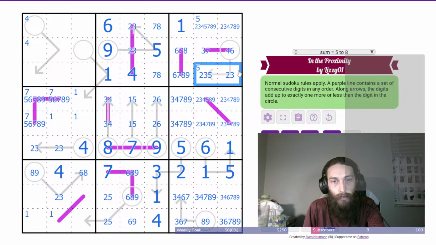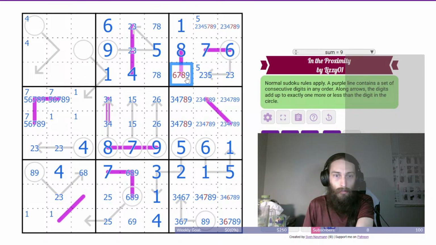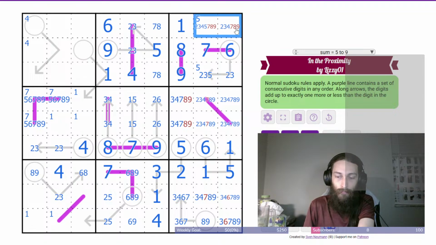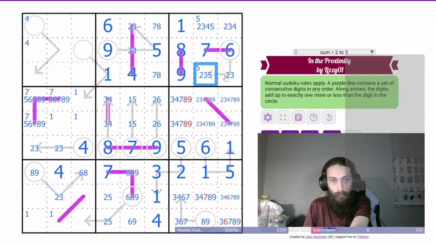Because this would have to be 5, which would have to be 2, 3, but 4 and 7 aren't consecutive. This is a 6 and a 7 and an 8 and a 9. And, well, this could be 2, 3, or 5 and 2.